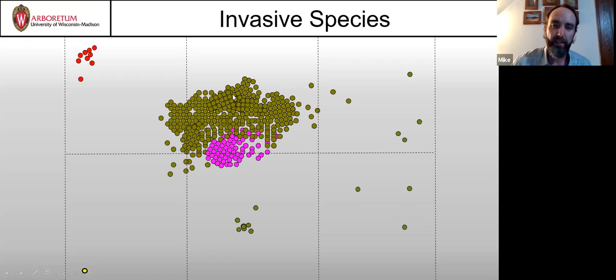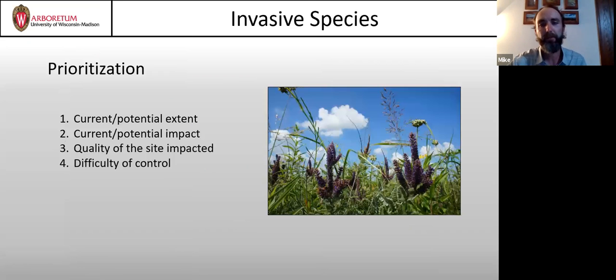Let's review these again. We want to think about the current and potential extent of these species, also the impact that they could have, quality of the site impacted. We talked about that a little bit already. Difficulty of control is the last one we want to consider.